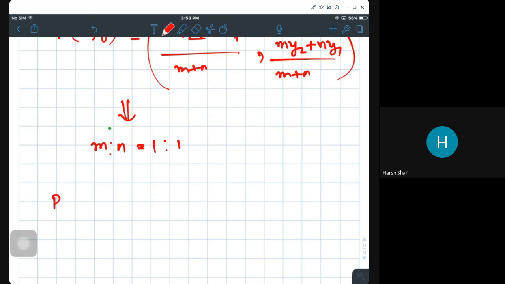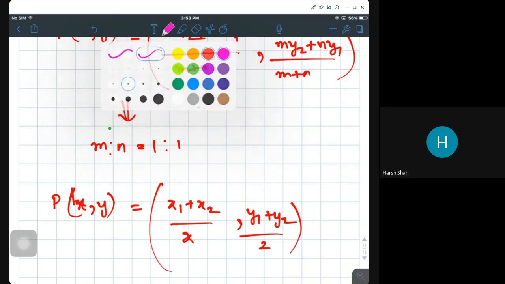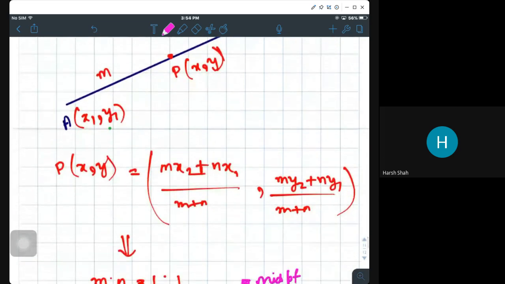So at that point, my P becomes simpler. My P becomes (x1 plus x2) by 2, (y1 plus y2) by 2. This formula is known as the midpoint formula. P becomes the midpoint. This is the midpoint formula, and this is the section formula. Any doubts?